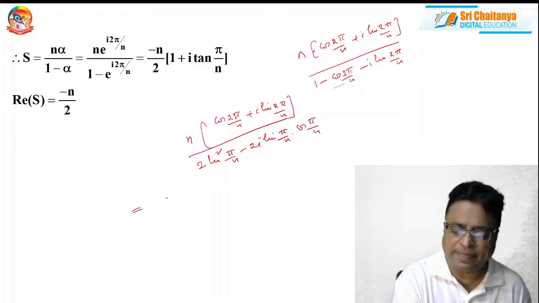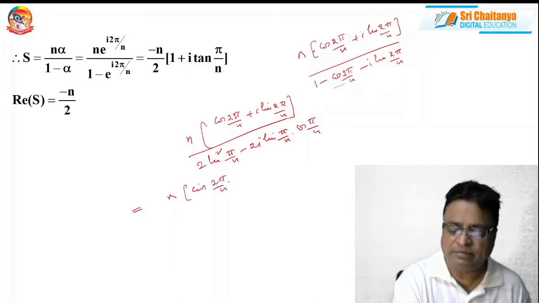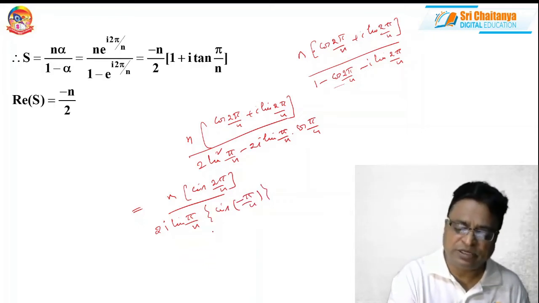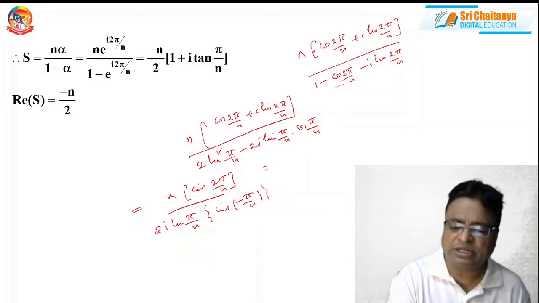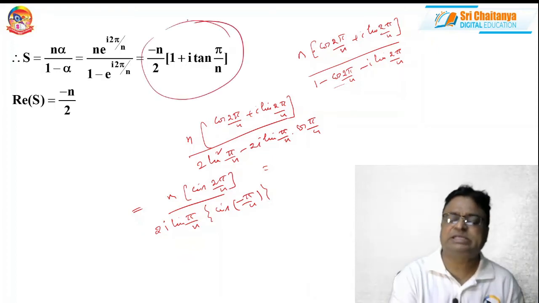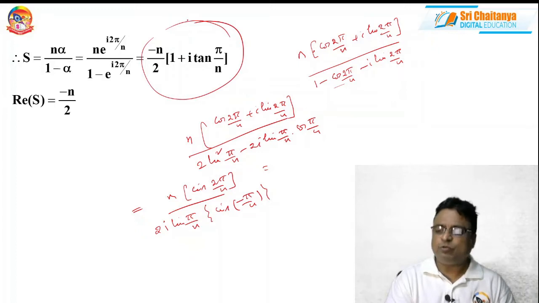Again, take n into this; I can write it as cis 2 pi by n by, taking from the denominator, 2i sin pi by n. This becomes cis minus pi by n. If I bring all the terms to the numerator, then after simplification I get minus n by 2 into 1 plus i tan pi by n.